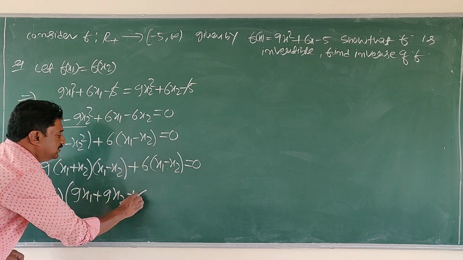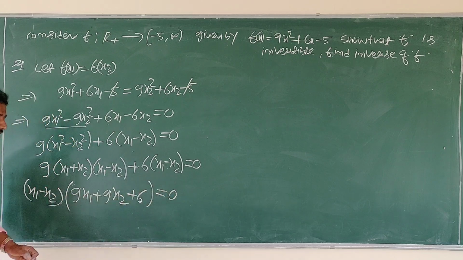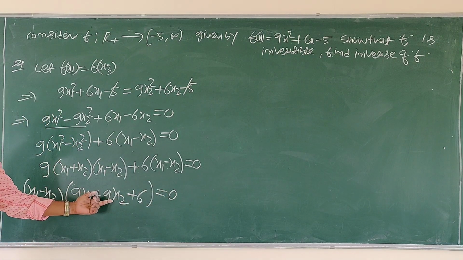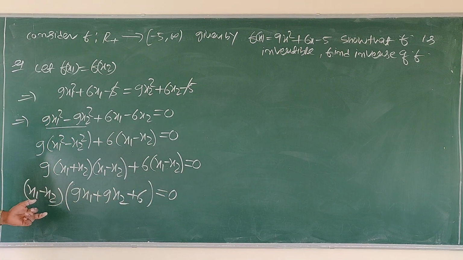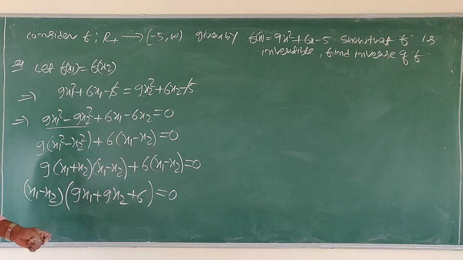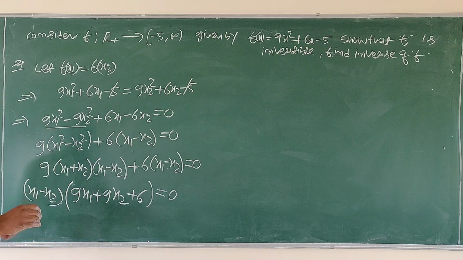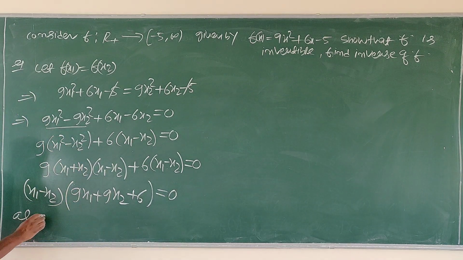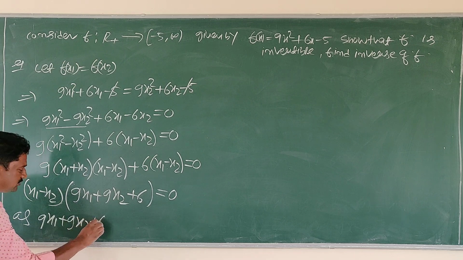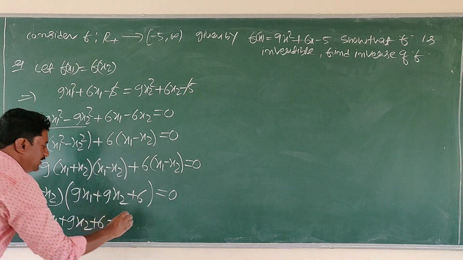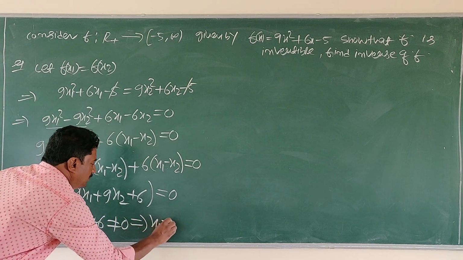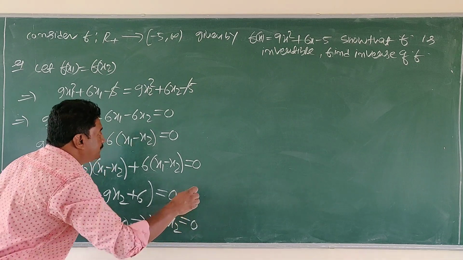be 6. Again, as usual, make this not equal to 0, so that x1 minus x2 equals 0, because our intention is to get x1 equal to x2. So 9x1 plus 9x2 plus 6 is not equal to 0. That implies x1 minus x2 equals 0.